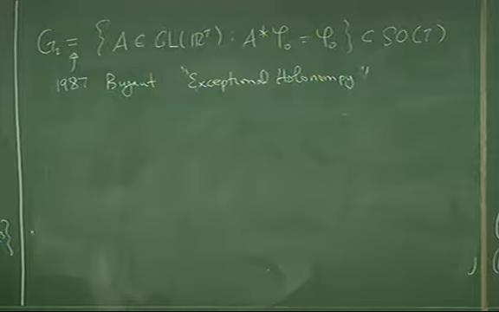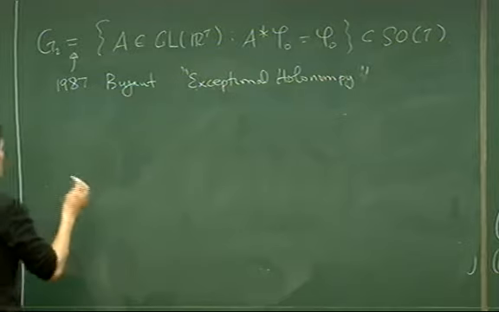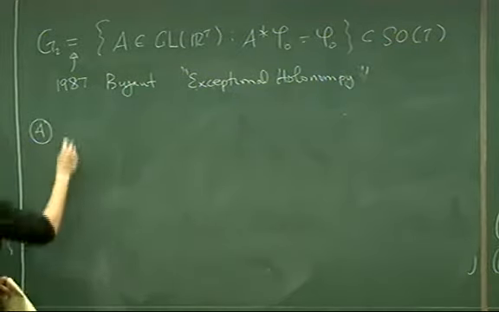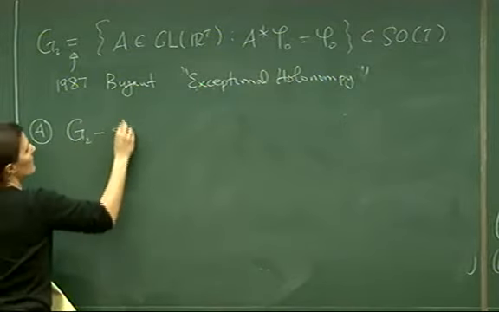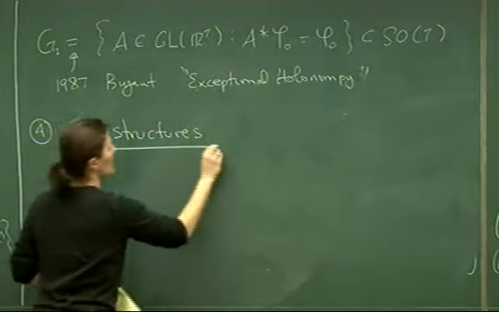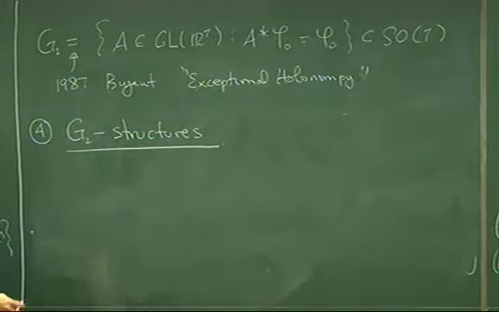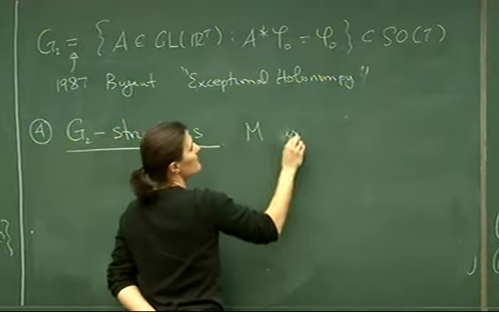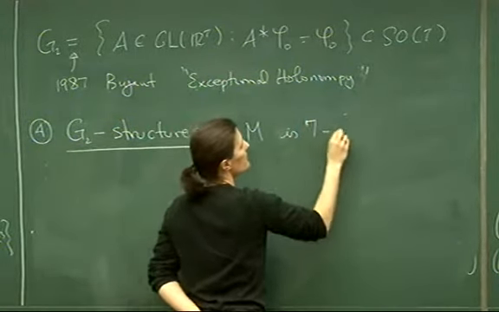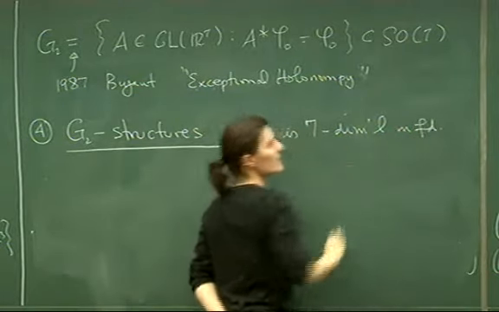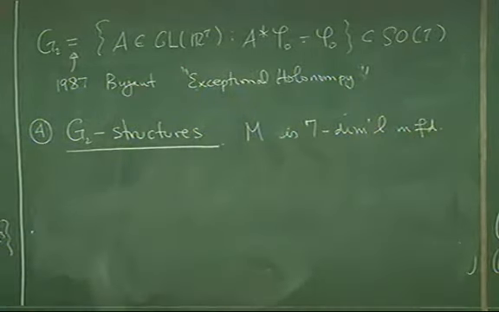Now let me tell you what a G structure is, or how I'm going to interpret a G structure. So assume throughout now that M is a 7-dimensional manifold. Okay, so this will be our generalization of R7.